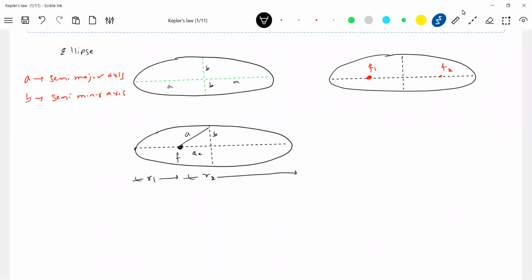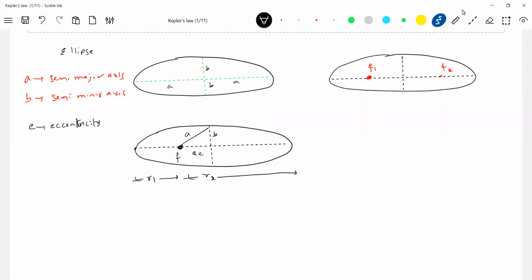Let this be e, where e is called the eccentricity. It is a distance from the midpoint. This distance will become ae. So what is e? e is the eccentricity.